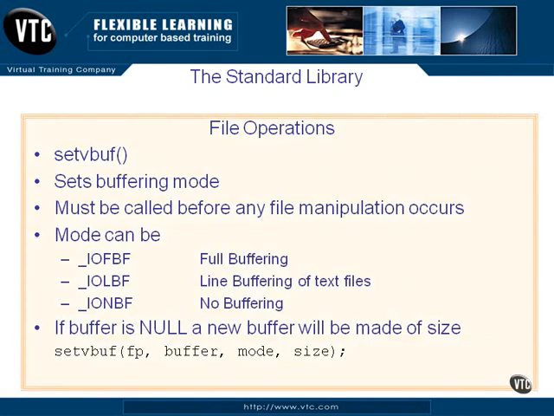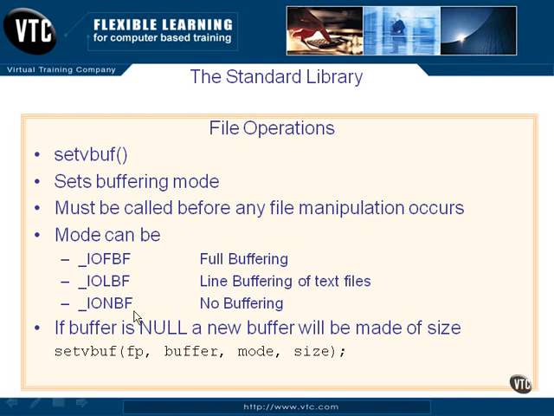Here's our buffering mode. We can set the buffer with setvbuf. Now you have to call this right after you open the file, but before you do anything with it. You can't call this after you've written or read the file because the buffering has already been built at that point. There are 3 different modes: _IOFBF, which is full buffering, _IOLBF, which is line buffering, where you'll read one line of text at a time, and _IONBF, which is no buffering.